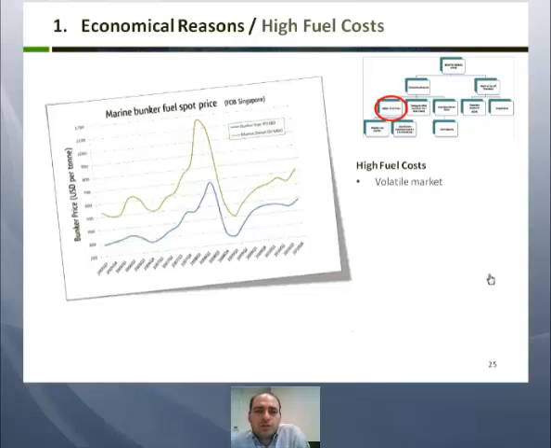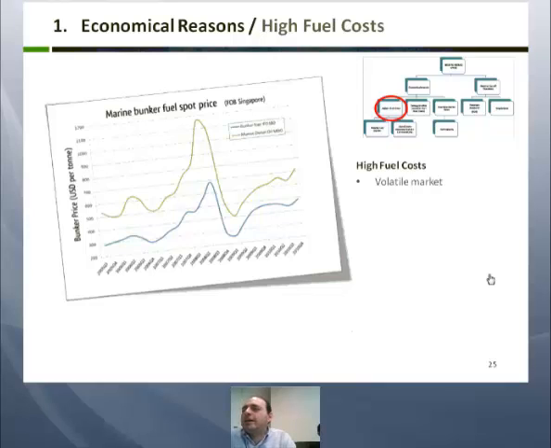This figure shows the bunker fuel price. As you can see, the market is very volatile, and it is also obvious that the bunker fuel that most vessels use in their main engines, in blue, is less expensive than the diesel oil that, for example, vessels use in their auxiliary engines.